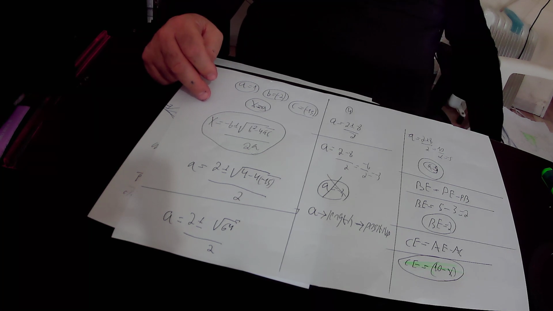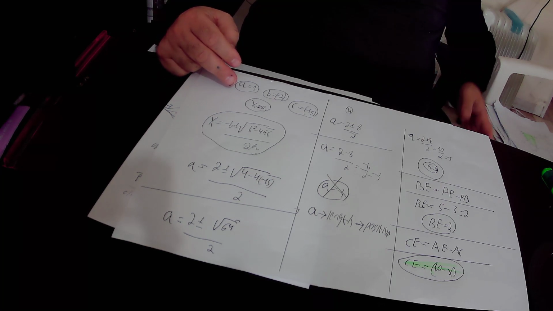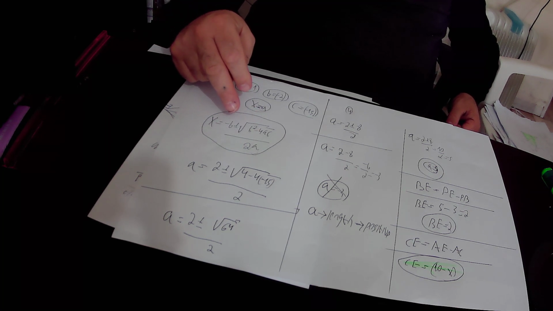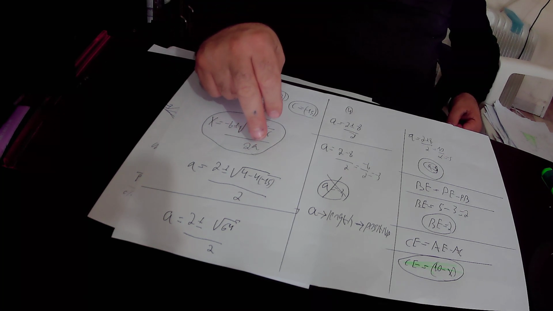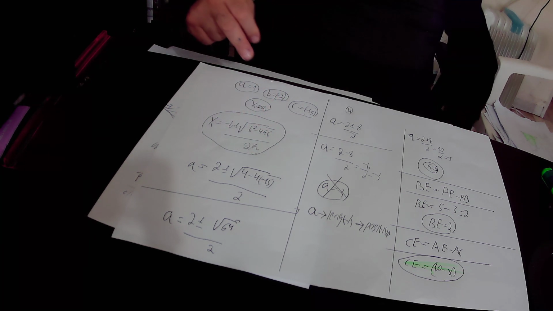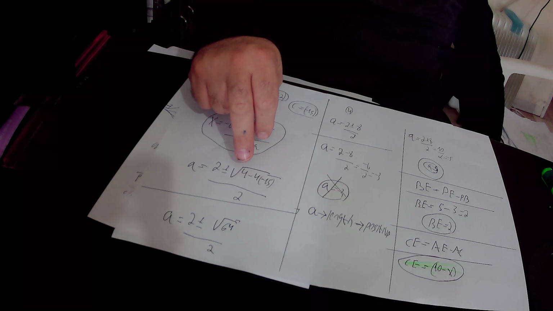So here we put the data inside the formula in order to find the values of A, because in our case x equals A. So A equals minus b, b equals minus 2, so minus b is plus 2, and plus or minus the square root of b squared. b is minus 2, so b squared is minus 2 squared, that is 4. Minus 4 times a is 1, times c is minus 15. Over 2a, a is 1, so 2 times 1 is 2.